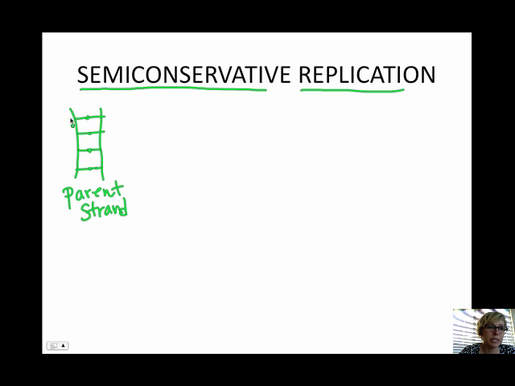Let's just call them thymine, adenine, guanine, cytosine, and on. Since thymine always pairs with adenine, we'd have an adenine over here, thymine over here, guanine always pairs with cytosine, and cytosine always pairs with guanine. Okay, so this is our parent strand.